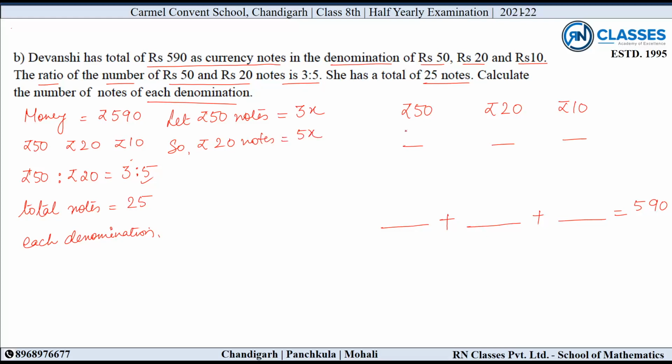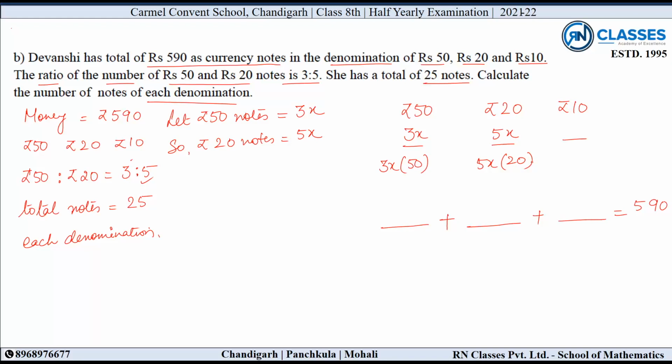So this comes out to be 3x, this comes out to be 5x. How much money do we get from 50 rupee notes? If there are 10 notes, 10 into 50; there are 3x notes, so 3x into 50. If there are 2 notes, 2 into 20; if there are 5x notes, so 5x into 20. This is the money we get from 20 rupee notes.